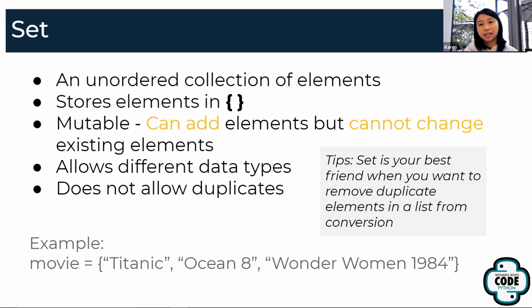One thing about set, and why I said it's a hidden gem, is that it's very useful when it comes to removing duplicates. If you have a list of numbers and you want the quickest way to remove any duplicates and get all the unique values, use sets.